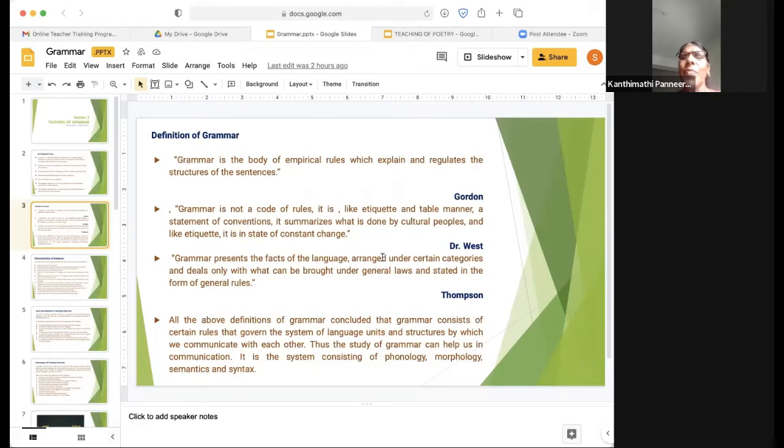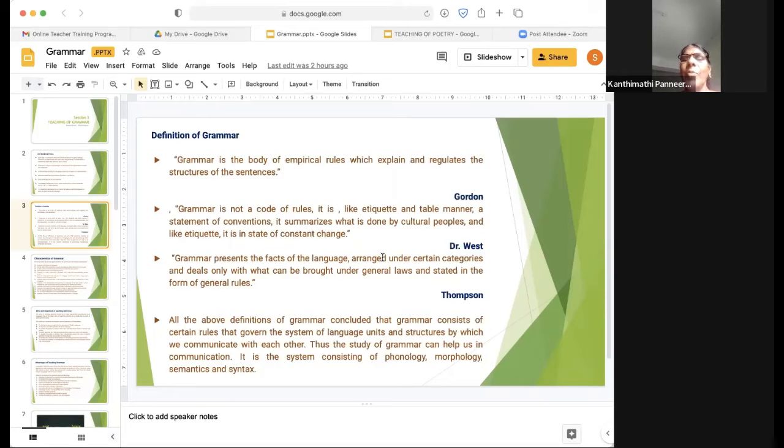Grammar presents the facts of the language arranged under certain categories and deals only with what can be brought under general laws and stated in the form of general rules.